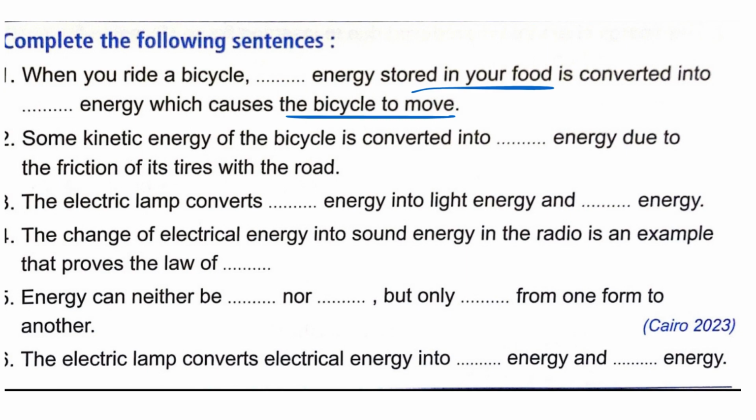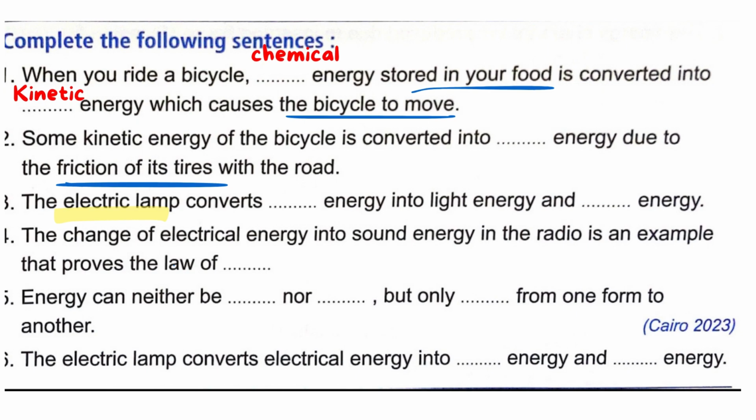And it converts to what energy that causes the bicycle to move? Here, when we talk about movement, this is kinetic energy. So the answer is clear: when you ride a bicycle, chemical energy stored in the food is converted into kinetic energy, which causes the bicycle to move.